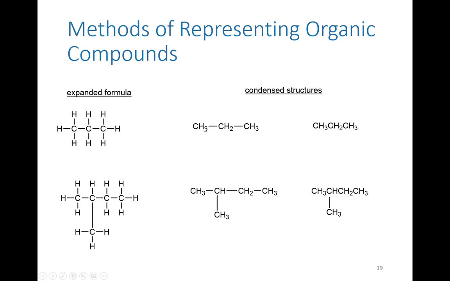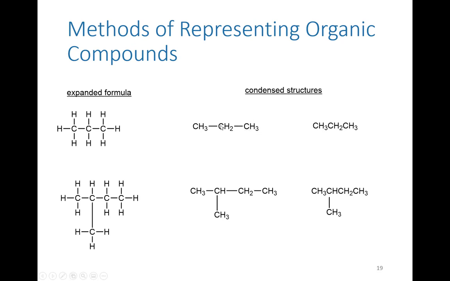Any hydrogens that are drawn after a carbon are understood to be bonded to that carbon. So these 3 hydrogens belong to this carbon. This bond is between the carbons. These 2 hydrogens belong to this carbon. This bond, again, is between the carbons, and then these 3 hydrogens belong to this carbon.